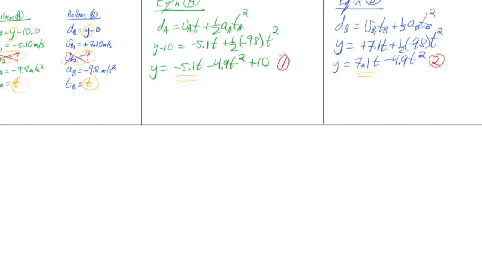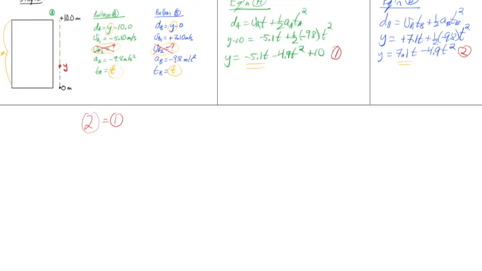This one is positive. So maybe I want that one on the left-hand side. And I do, in fact, want that one on the left-hand side. So I'm going to do equation 2 equals equation 1. That gives me 7.1T minus 4.9 T squared is equal to negative 5.1T minus 4.9 T squared plus 10.